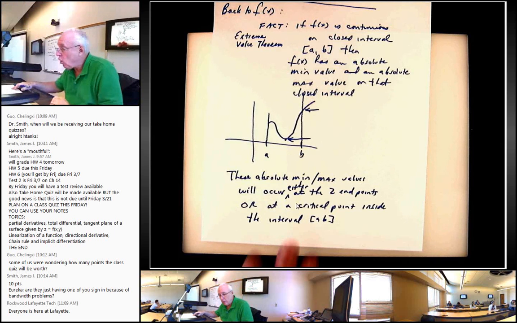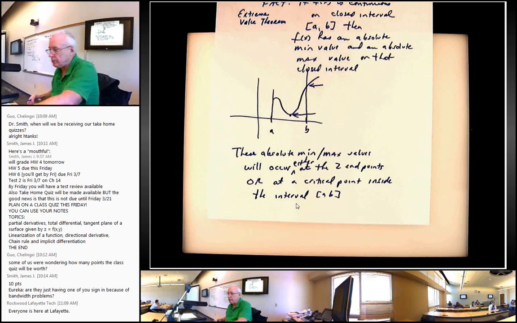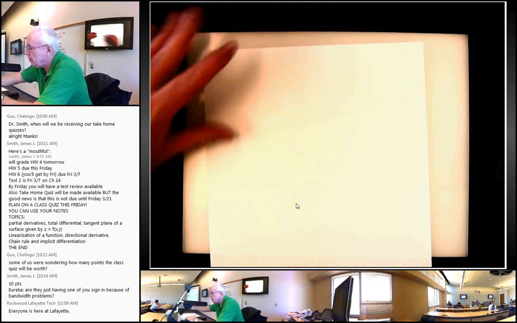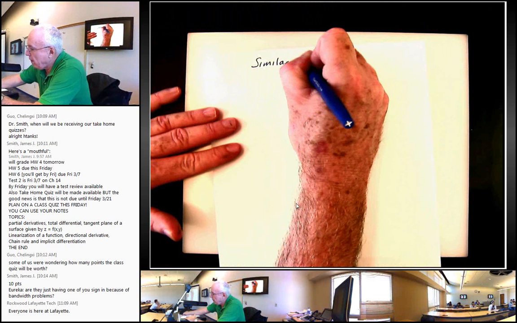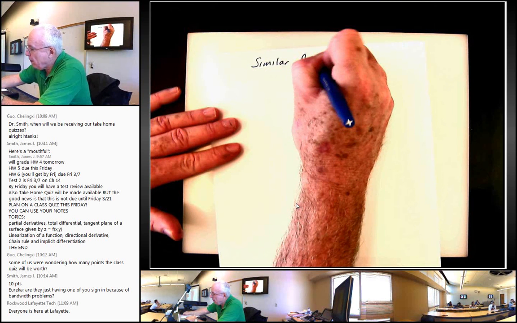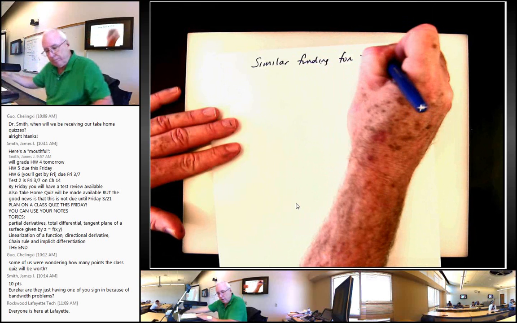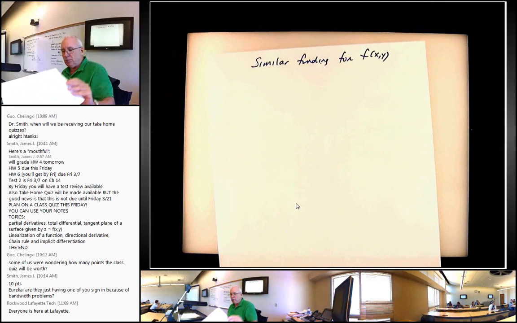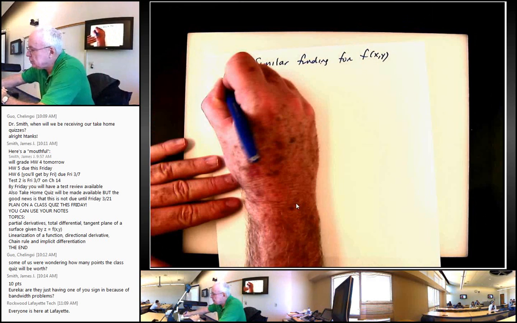Now, we have a similar finding for functions of two variables. So, before we go into what it is, I need to introduce some notation, or a definition.